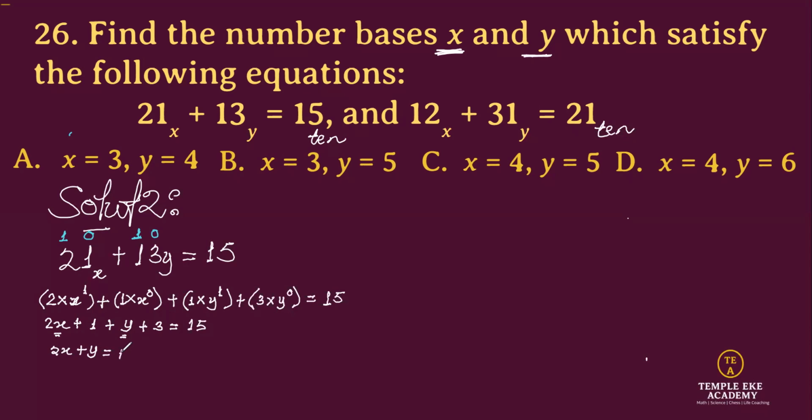So we have 15 minus 4, a way of taking 1 and 3 together and subtracting that result, 4, from 15 on the other side. So finally we have 2x plus y equals 15 minus 4, which gives us 11. And this becomes our equation 1.